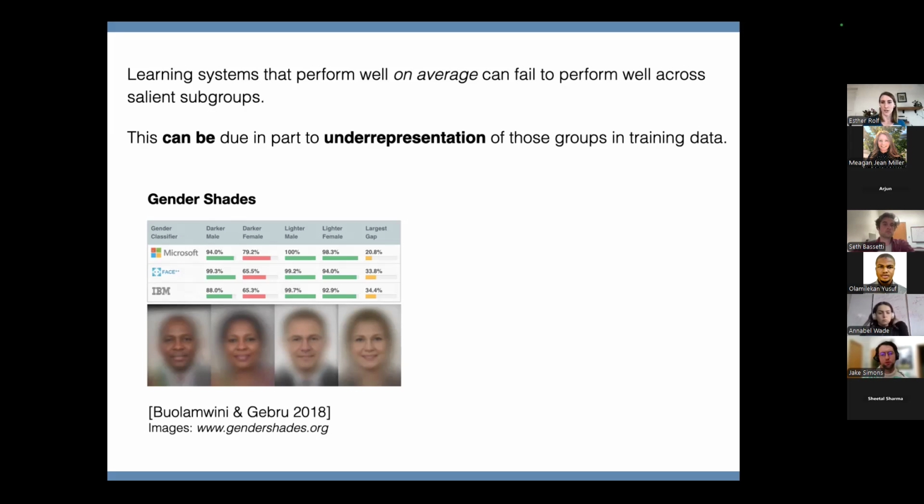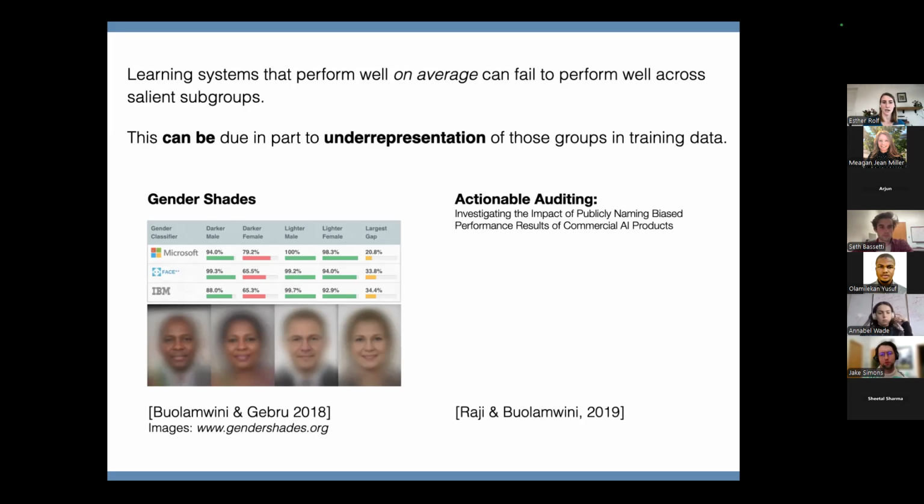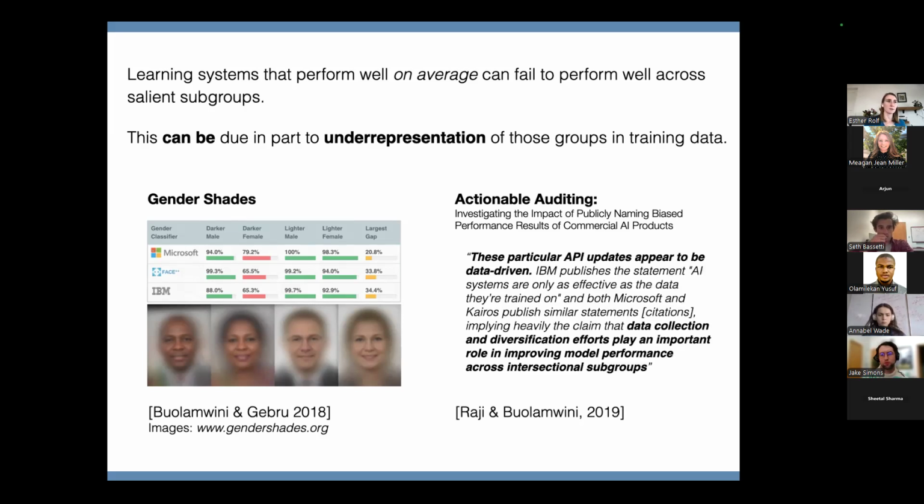And in fact, the year after that study came out, another paper looked at, well, after all of these companies were kind of called out for this performance gap, what did they do as a result of the Gender Shades study being published? And somewhat unsurprisingly, those companies went and they tried to balance their training and evaluation data sets, right?